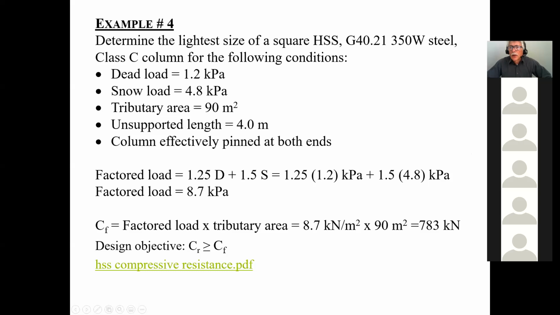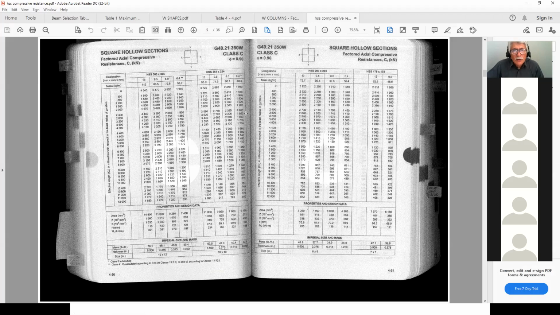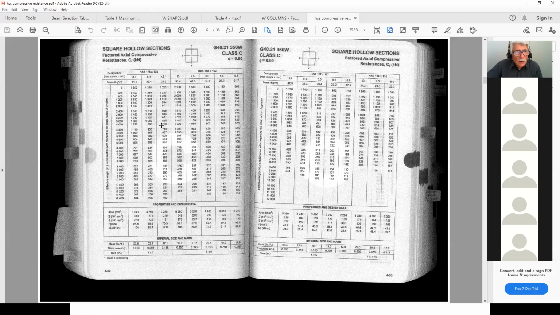We needed 783. So here I have, for example, this is no good. Yeah, 776, not good enough.